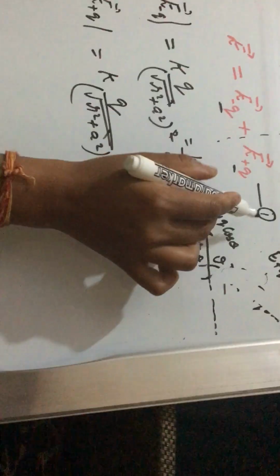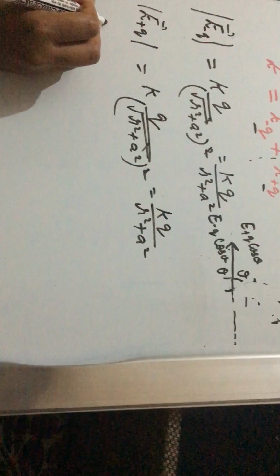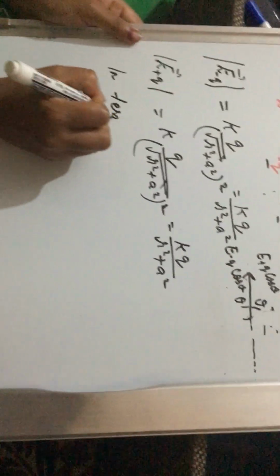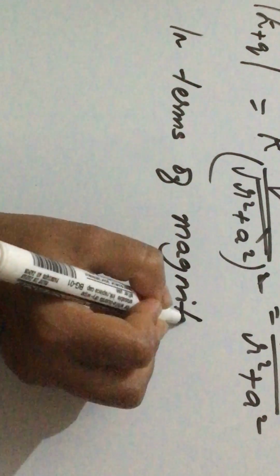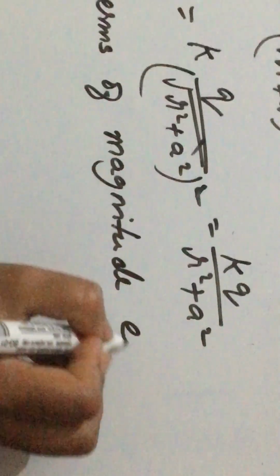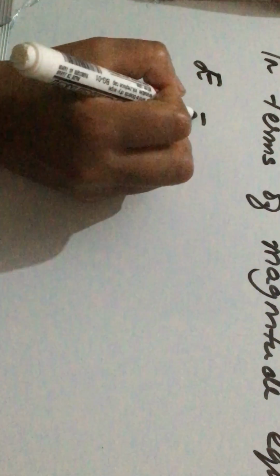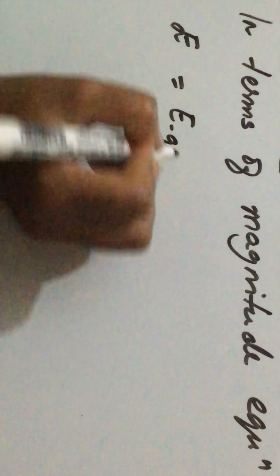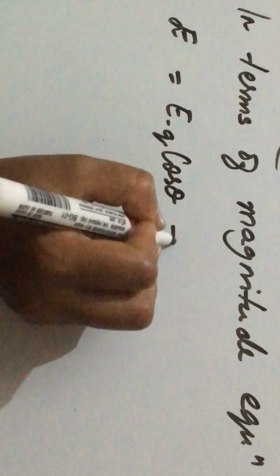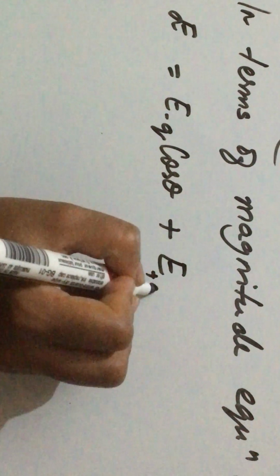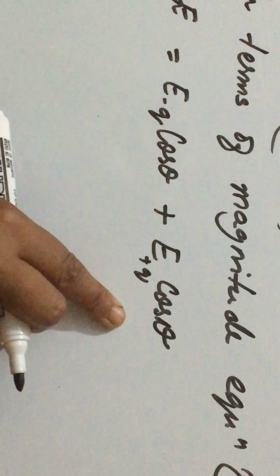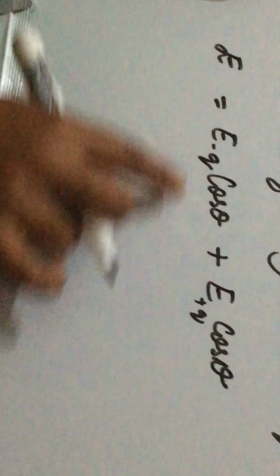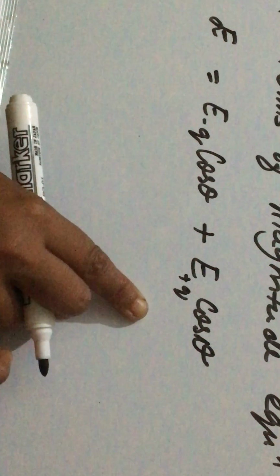Now equation number 1 in terms of magnitude, what does it become? Equation 1 will become E minus Q cos theta plus E plus Q cos theta, right? See, I have removed the vector sign because now we are just talking about the magnitude only.